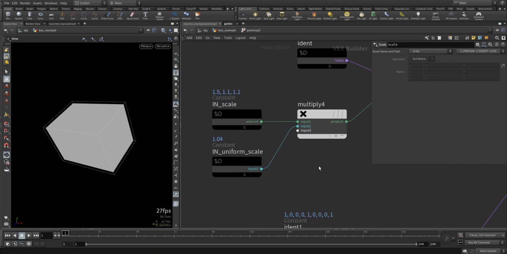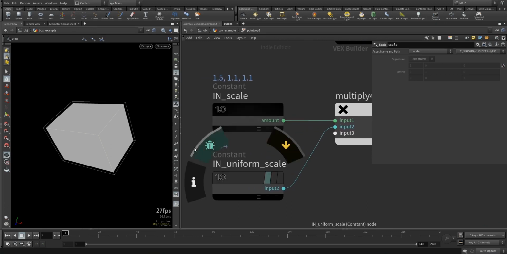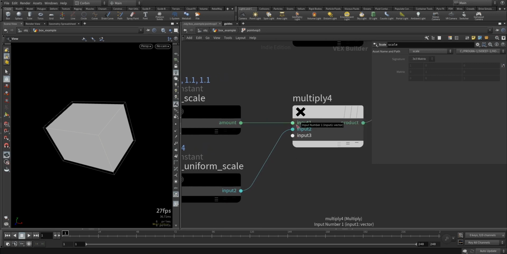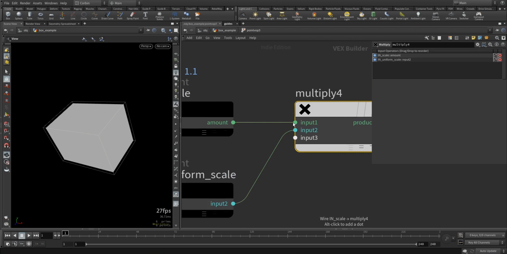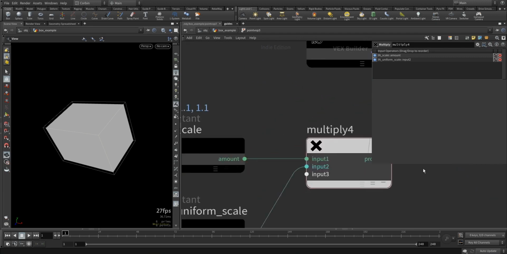Now, when they're multiplied, this is something I mentioned to you before, be very careful of the order. Although multiplication of vectors doesn't matter, and a float is just a one-dimensional vector, what does matter in Houdini is that the first input determines the type of the output. Because we want a vector here with all 3 numbers, we make sure that the float is multiplied second.